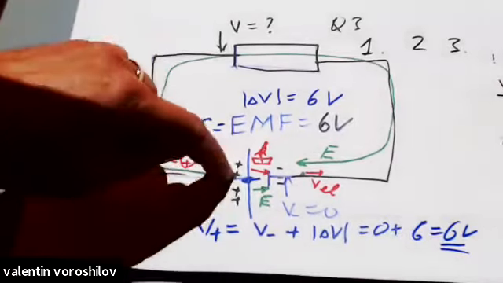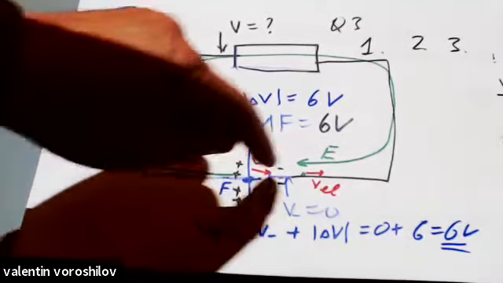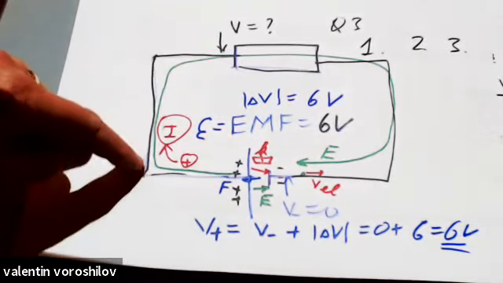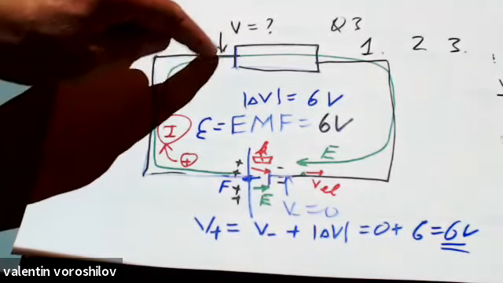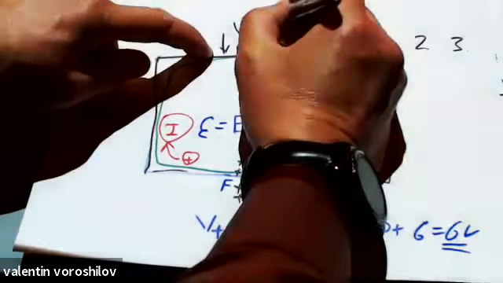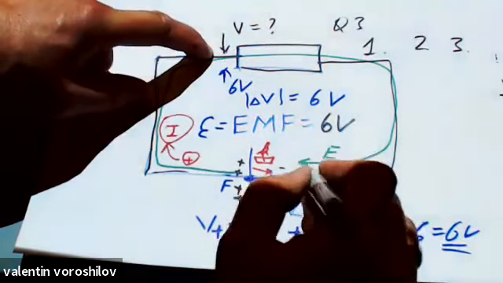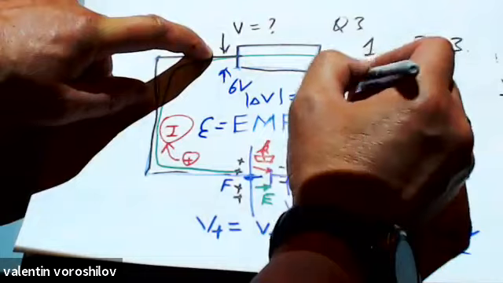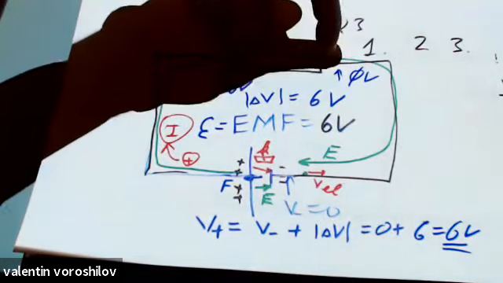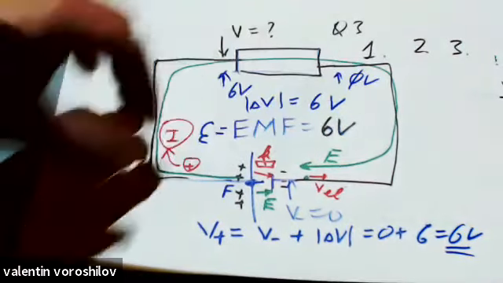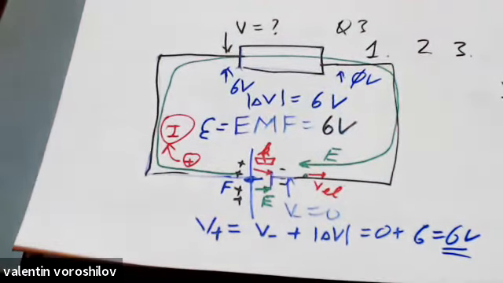So electric potential here is 6 volts because that's what the battery does. But a wire does not change potential. That means electric potential here also should be equal to 6 volts. And the electric potential here should be equal to 0 volts. So voltage across this resistor should be equal to 6 minus 0, 6 volts. And 6 is the winning answer. Good.